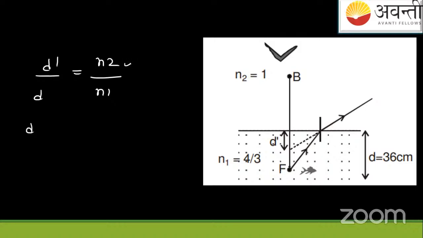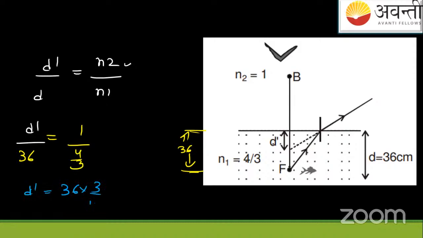Remember, d dash we want, and d is taken as the distance from the surface, which is 36. N2 is 1. N1 is 4 by 3. So d dash is equal to 36 times 3 by 4. 4 1 is 4, 4 9 is 36, 9 3 is 27. So from this we get the d dash value equal to 27 centimeter.